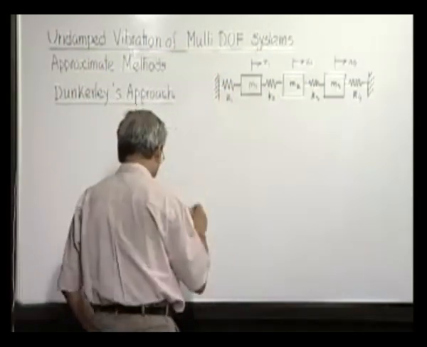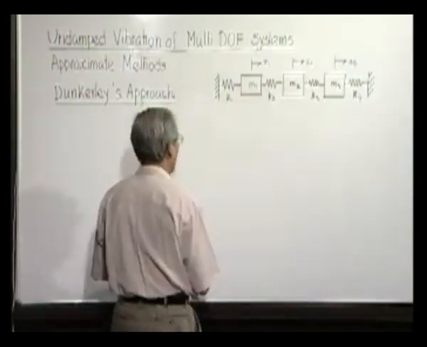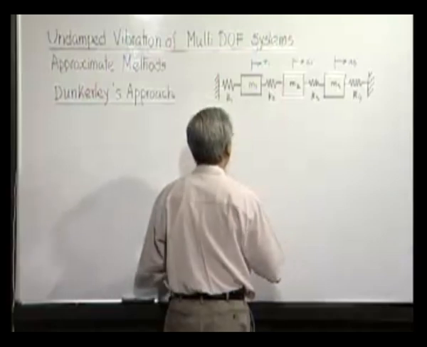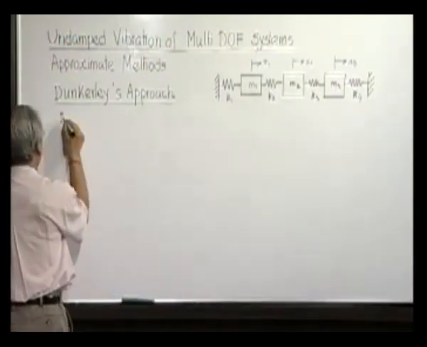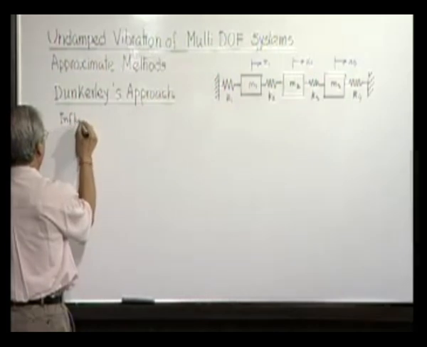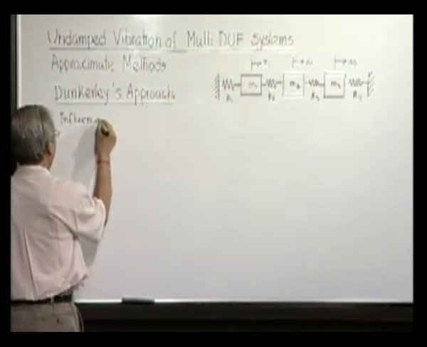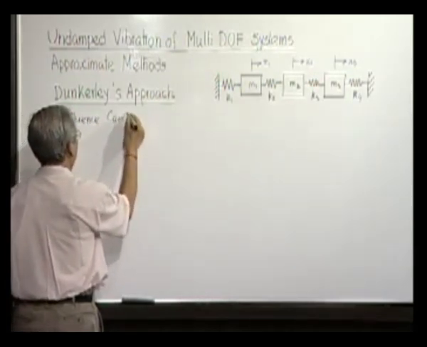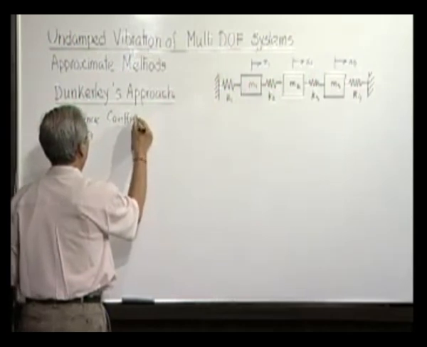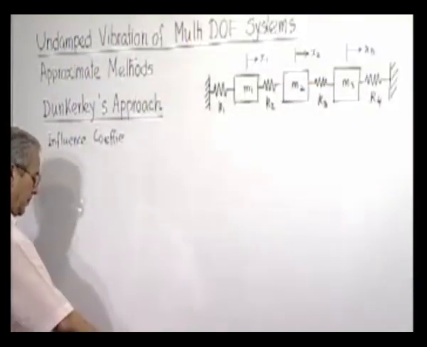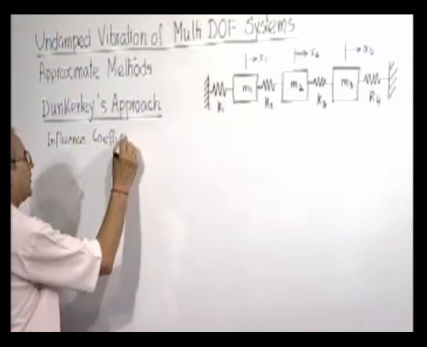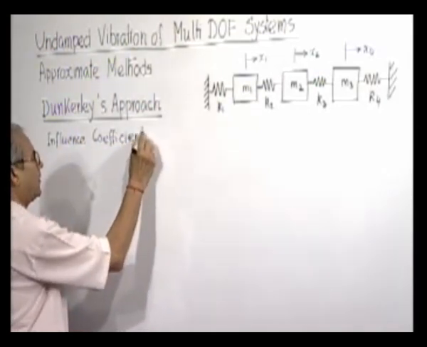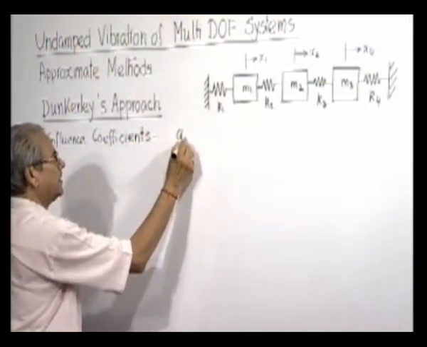So, the influence coefficients are A11, up to Aij.